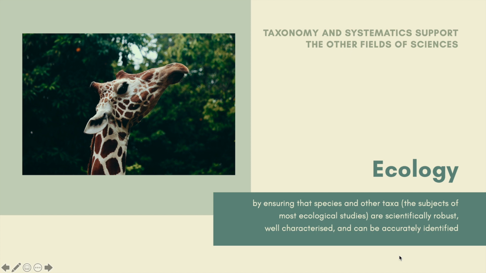Because just like what I said, it is the initial part of the study of ecology. You need to identify. If you don't know what organism you are studying, you can't study them.